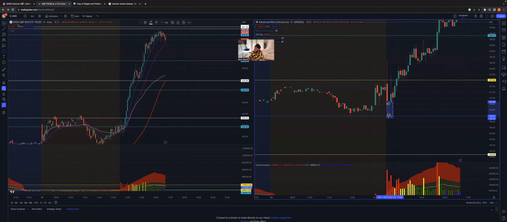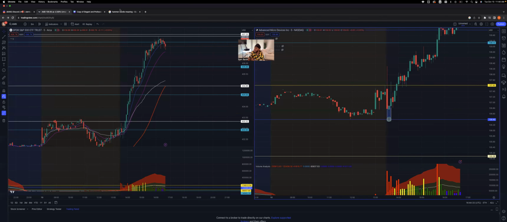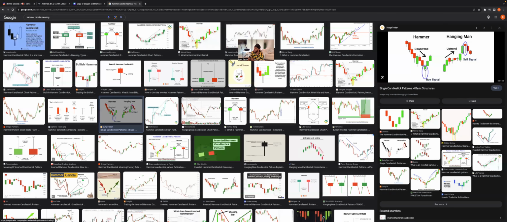This is what you call a hammer candle. Let me show you what a hammer candle looks like. This right here is a hammer candle. If you're in a downtrending market and you have a hammer candle, it poses as a reversal in price. So you're going down, this is a very bullish indication, which gives you a buy signal.